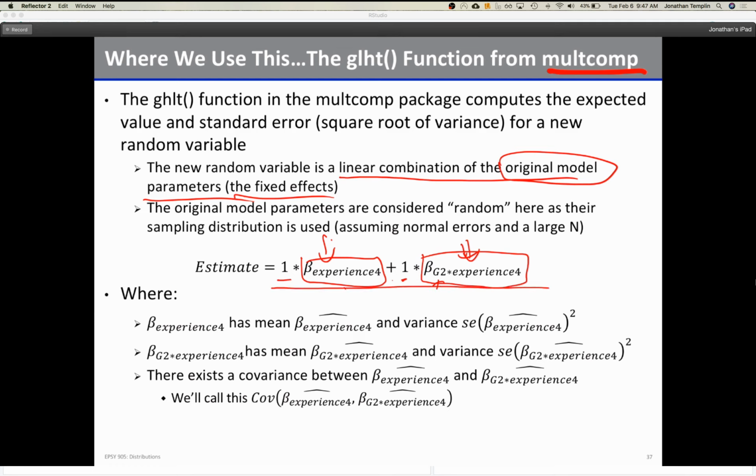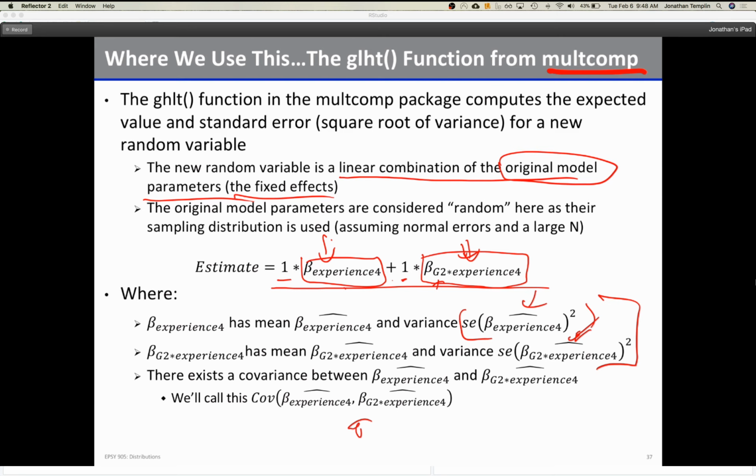Each of these terms has a mean and a standard error, or a variance. The variance is the standard error squared, by the way. What you don't get directly in your output from the package, although if you delve into the linear model function you'll see it, is the covariance between these two effects.